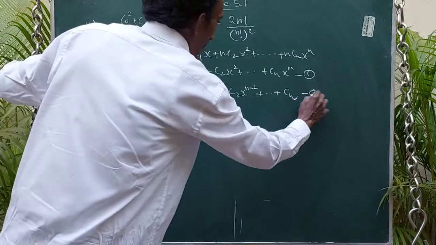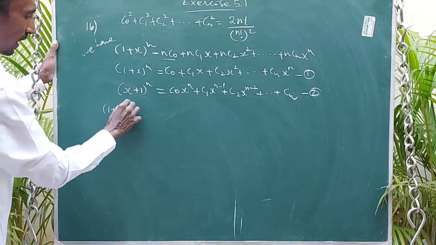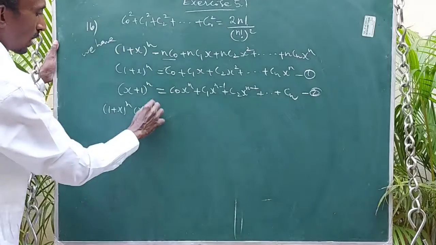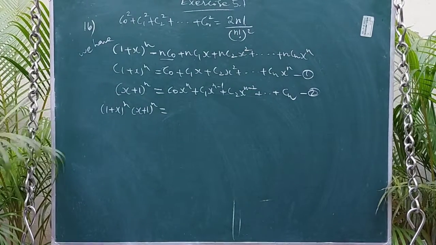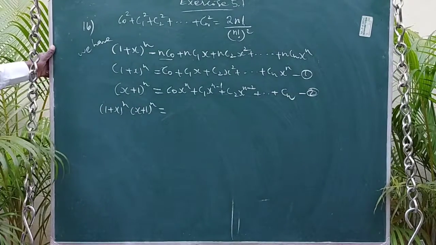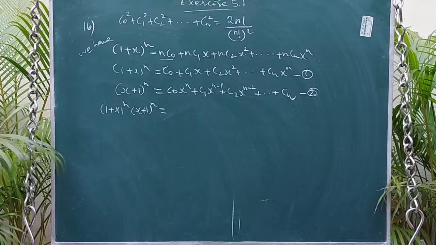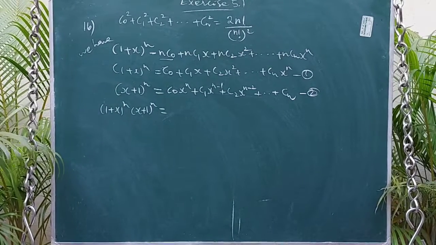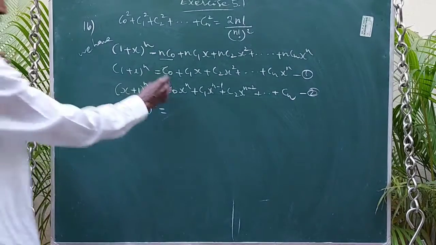If we multiply both of the things, 1 plus x the whole power n into x plus 1 the whole power n, both are the same. It can be written as 1 plus x the whole power 2n, left hand side. Right hand side, if we find the product of the two, what are we getting?